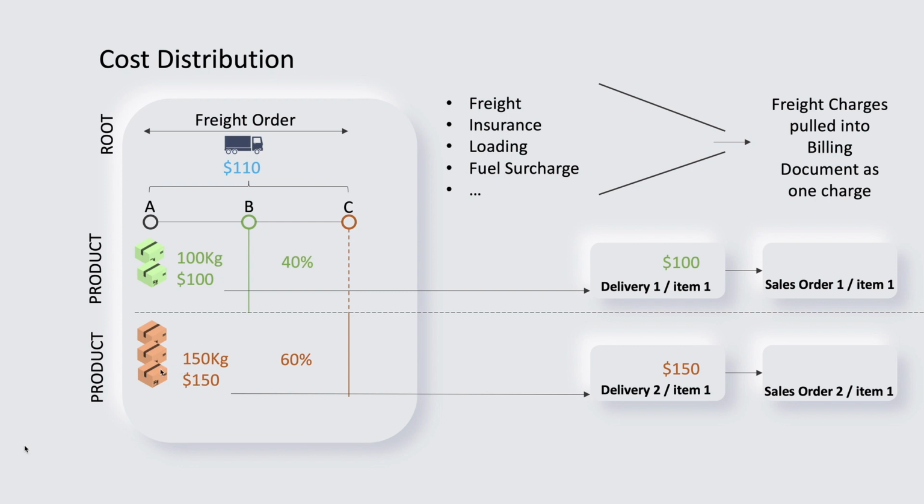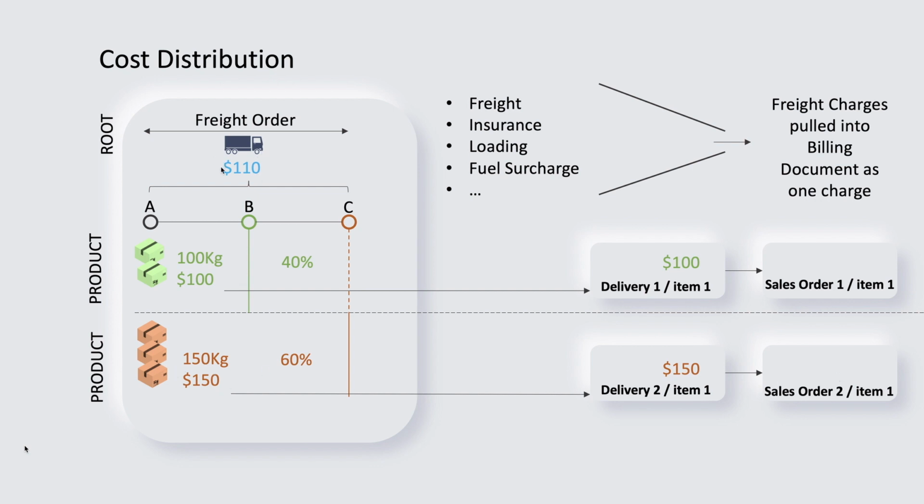And again, we have the ability to uniquely identify and link this product with this delivery and this sales order. Hence, we are distributing the entirety of that freight cost for that product back to the delivery sales order that this product is associated with.